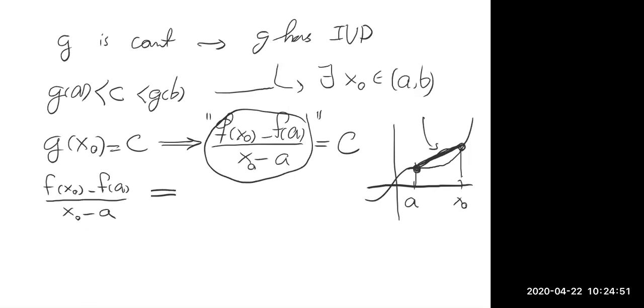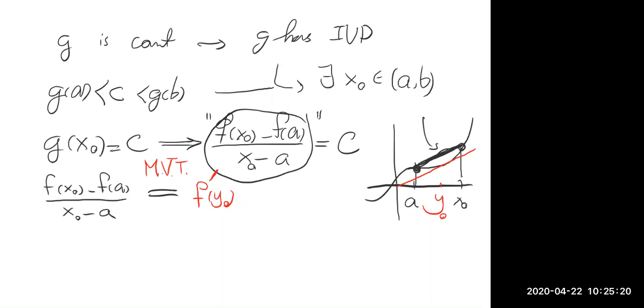And the mean value theorem tells us there always exists another point, say y naught, here between a and x naught, such that this thing is equal to the derivative of f at y naught, right? This is the mean value theorem.